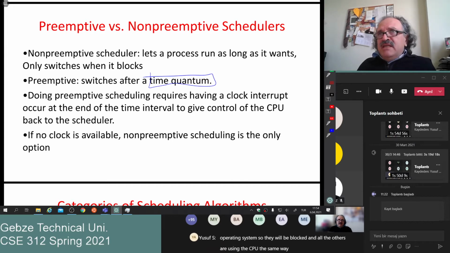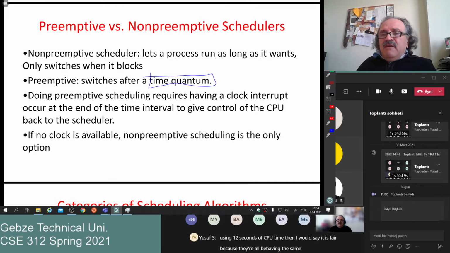Then you will say that they are fair because everybody is using it equally. If I have 5 processes in a given minute, and each of them is using 12 seconds of CPU time, then I would say it is fair because they are all behaving the same.